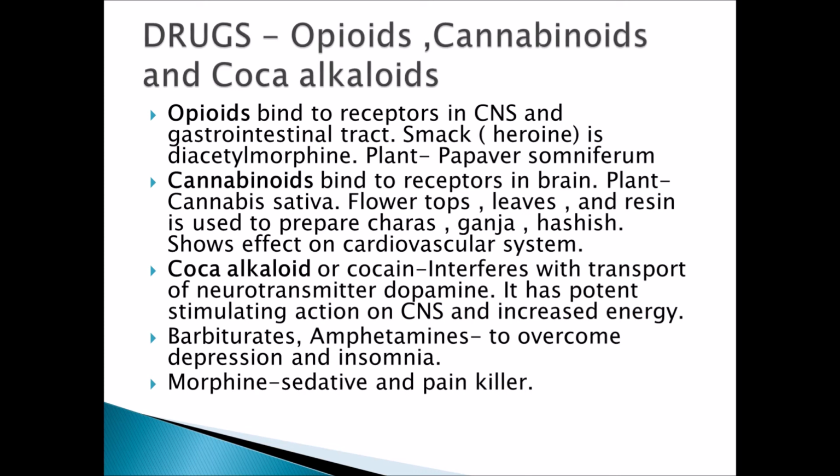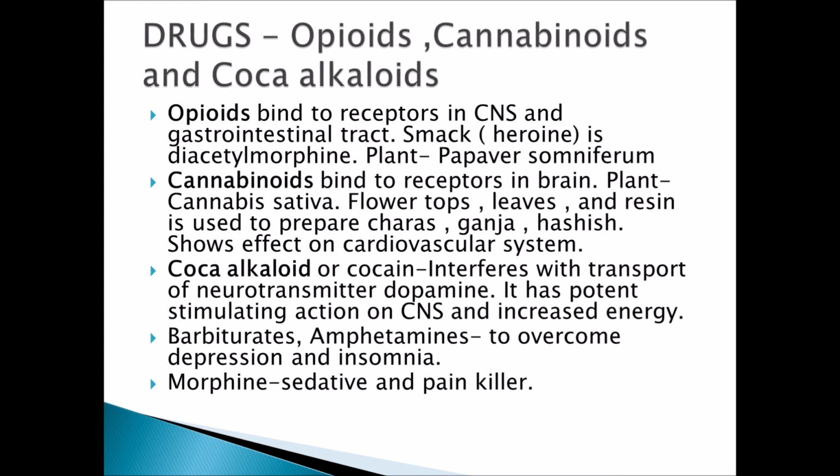The next group is coca alkaloid or cocaine. It interferes with transport of neurotransmitter dopamine. Dopamine is a substance which is produced in our body. So these cocaine substances interfere with transport of this dopamine.